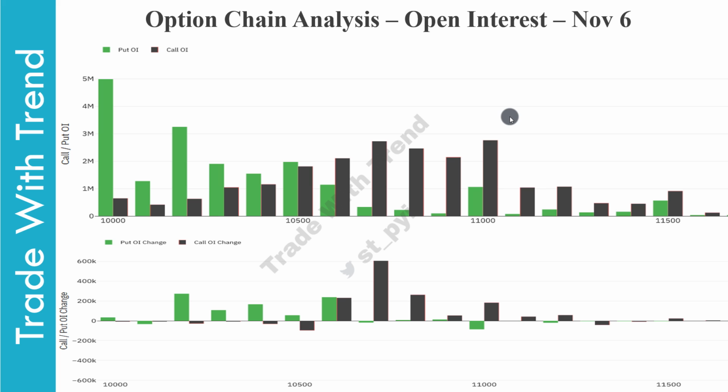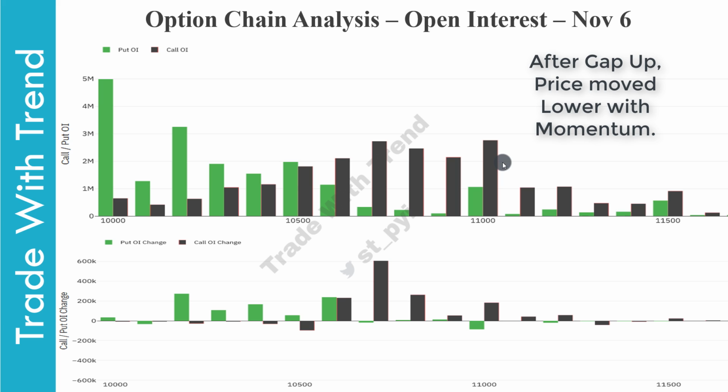This chart that you see in front of you is the open interest snapshot for November 6th. Now, based on open interest, the range for price is still 10,000 to 11,000. Price as of November 5th, that is the previous session, stood at 10,600. In today's session, that is November 6th, price attempted to move higher and then closed lower towards the end at 10,520, down about 80 points from the previous session.